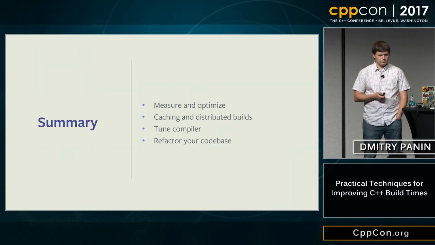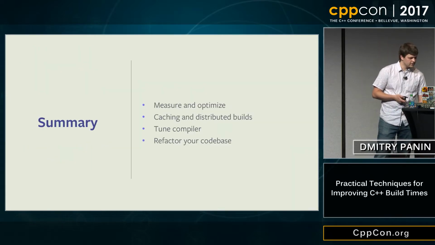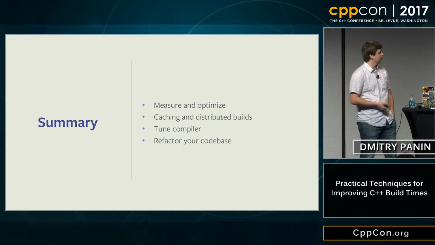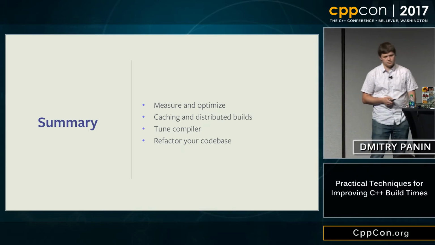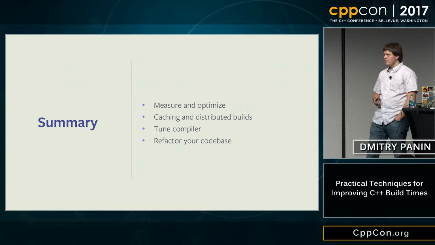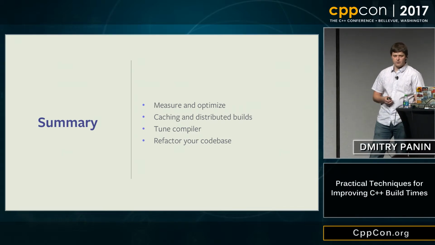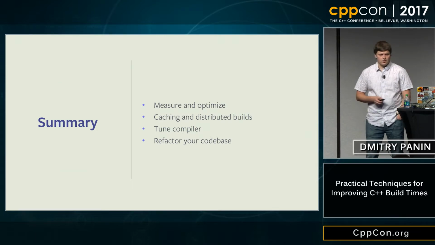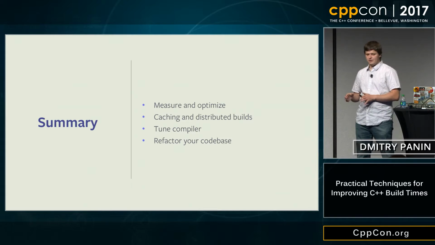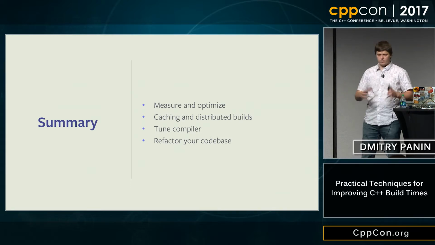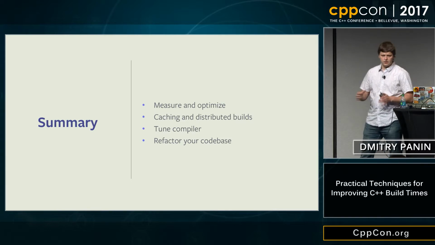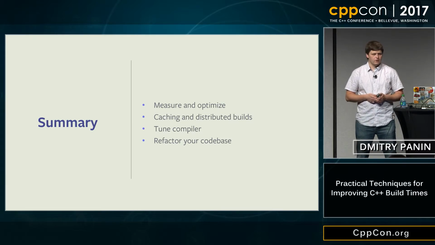Okay, so I think that's mostly it. I guess I was too fast in some places, but let me summarize the things I talked about here. One of the most important things is to actually think about how you measure your builds. You can probably not start measuring, but thinking about your workflows and what the bottlenecks could be is really helpful.